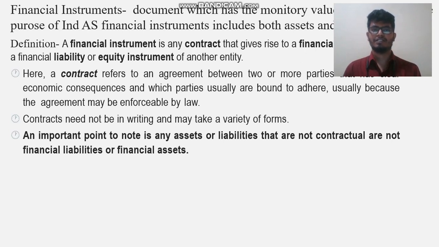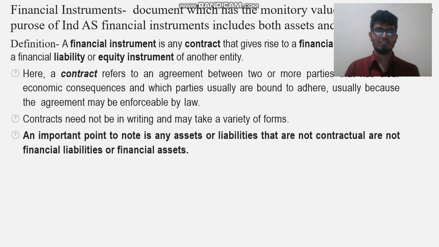Financial instrument. In general, it is a document which has monetary value. But for the purpose of the Indian Accounting Standard, financial instruments include both assets and liabilities. Here is the definition. A financial instrument is any contract that gives rise to a financial asset of one entity and a financial liability or equity instrument of another entity.